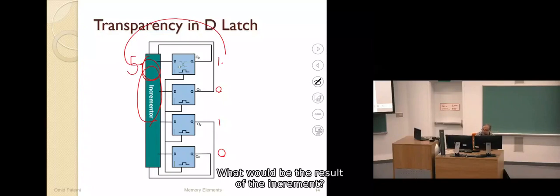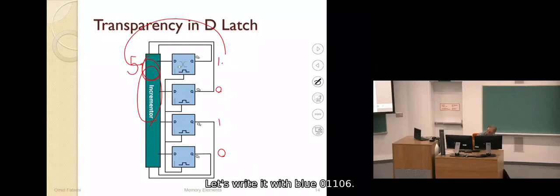What would be the result of the incrementer? 5 plus 1. What is that? 6. If I write it in binary, 6 would be 0, 1, 1, 0.